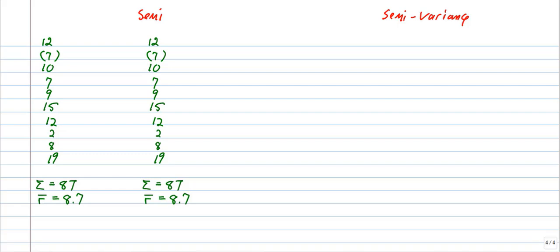But with semivariance, we're going to basically ignore the returns that are greater than the mean.